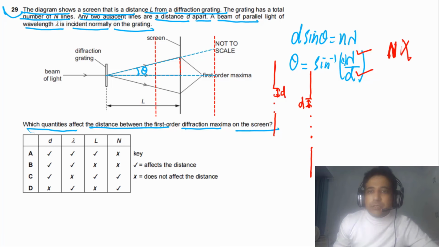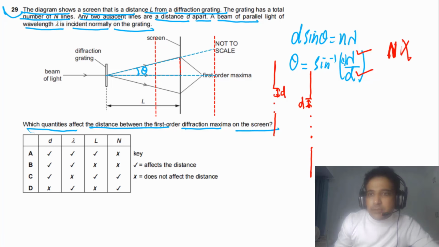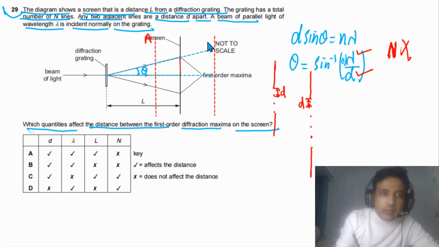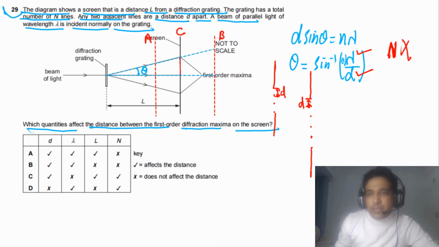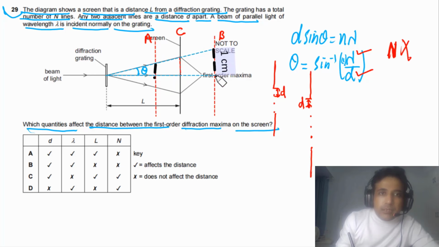Now you can see, let's say we move the screen to position A, and this is B, and this one is position C. If we move to A, you can see this distance has decreased, but if we move the screen to B, you can see this distance has increased.